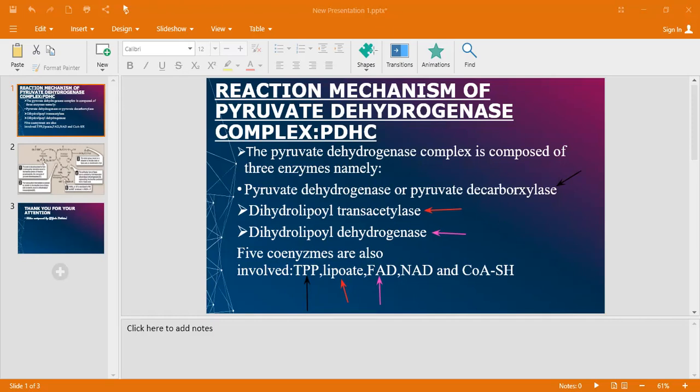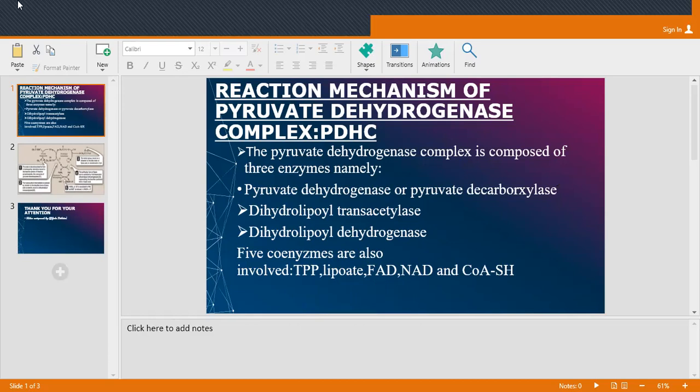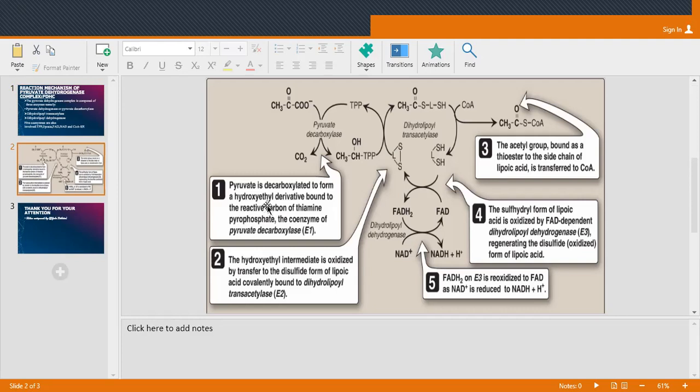So we will have only five reactions. Only 5. They are named here 1, 2, 3, sorry, 4, 5. These first 2, reaction 1 and 2, are catalyzed by the first enzyme of the complex, the pyruvate decarboxylase or the pyruvate dehydrogenase.